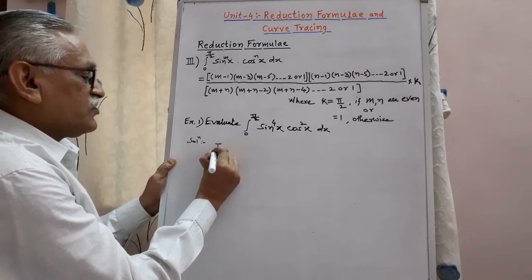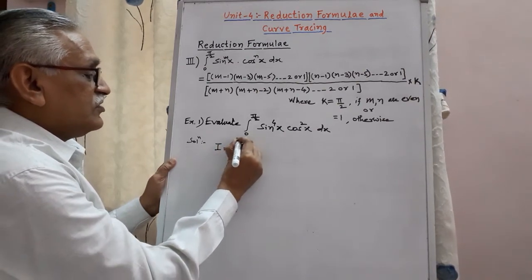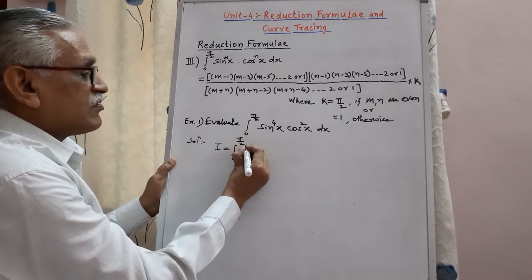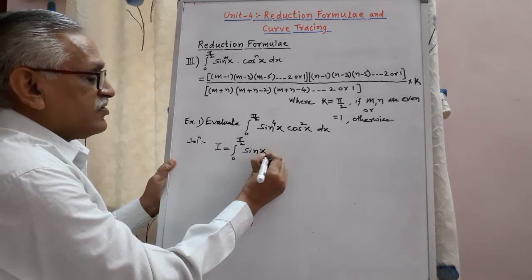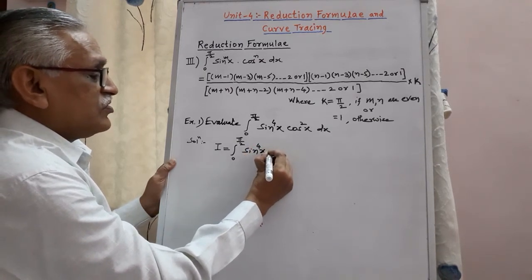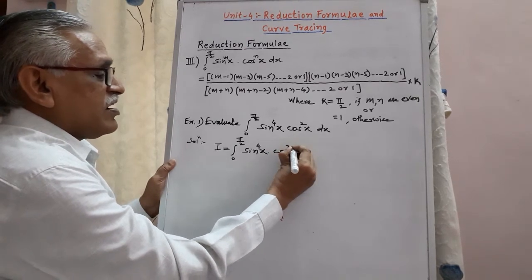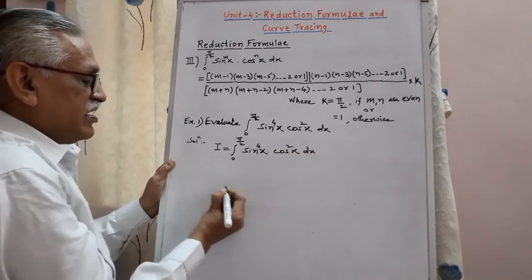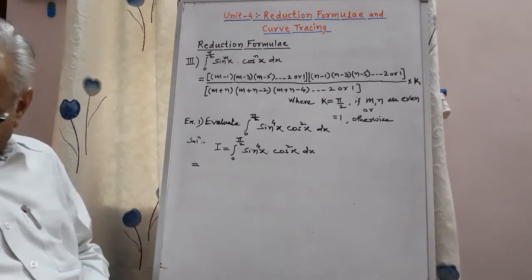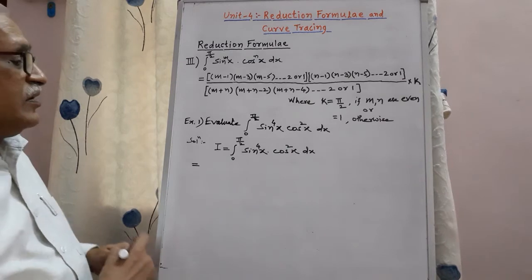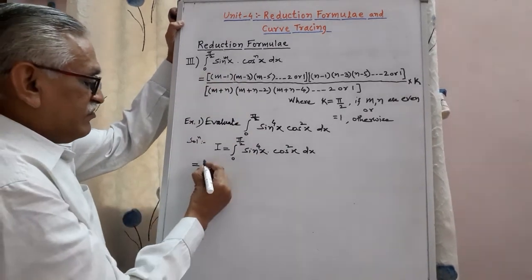Let I be equal to integral from 0 to pi by 2 of sin x to 4 into cos x square, and that is equal to, substituting the value of m as 4 here, 4 minus 1.